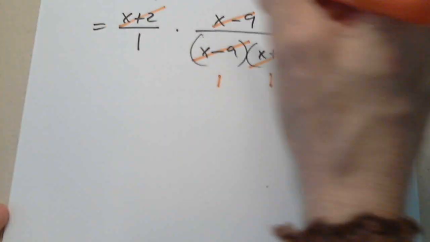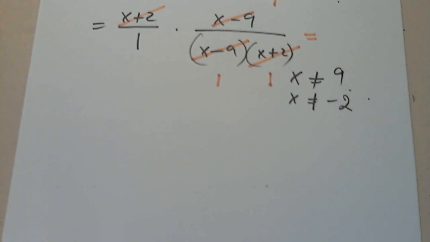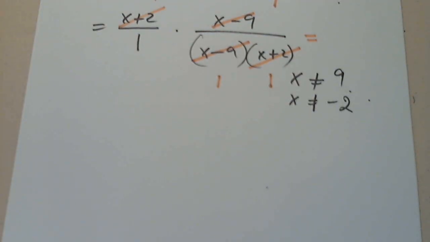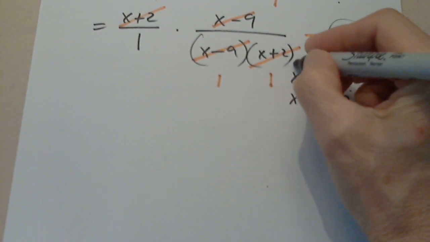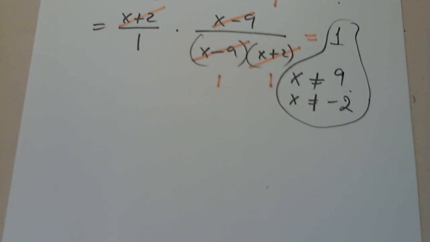The simplified form, if you don't write 1, you may consider it 0. So please write 1. Good. So then the simplified form is just 1, under the condition that x is never 9 or negative 2. Perfect.